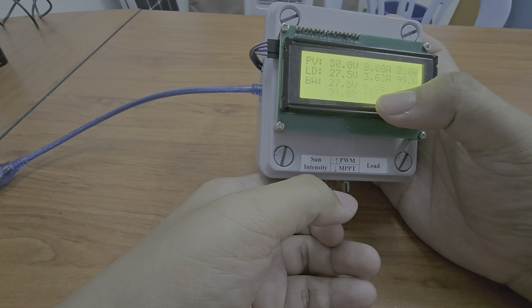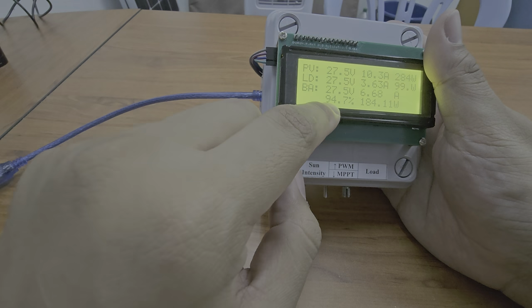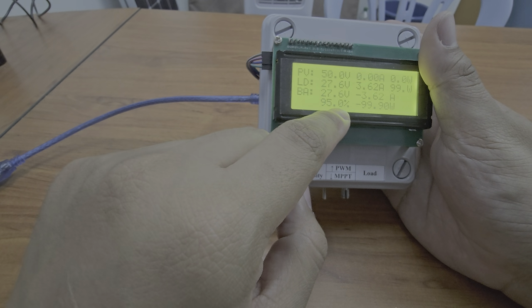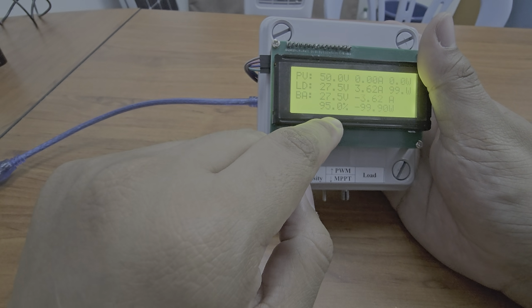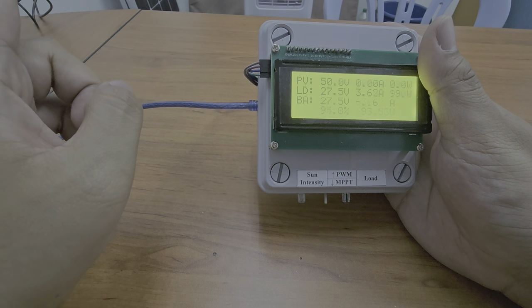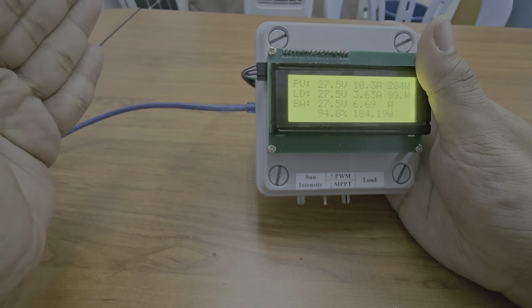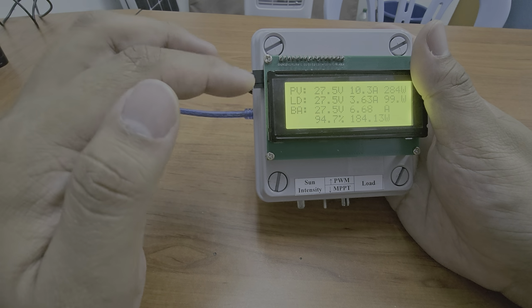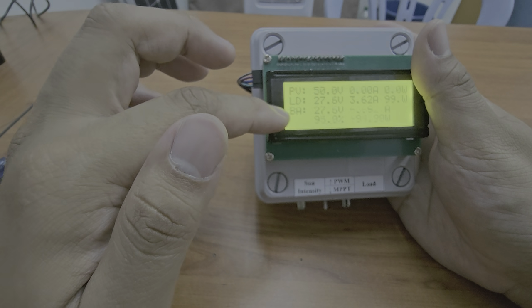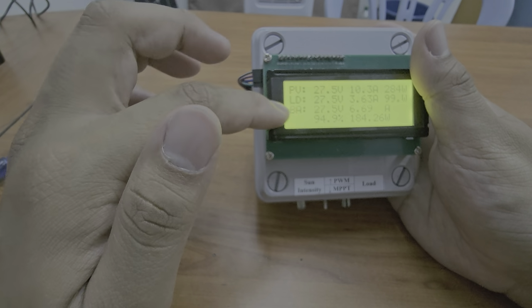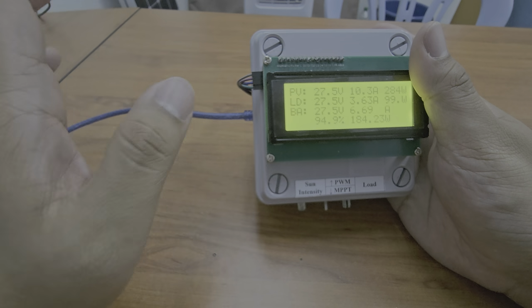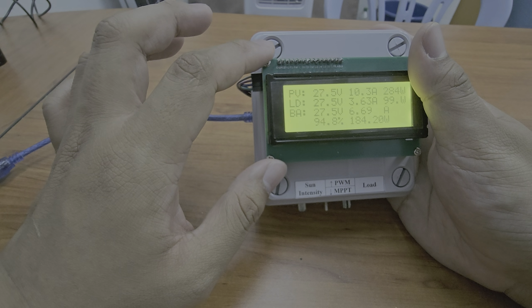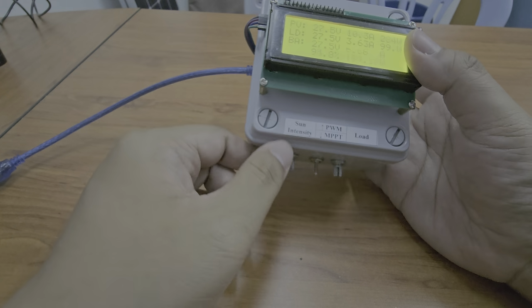It's at 95%, but after the load uses energy it drops, and then the PV will charge again. So it keeps charging and discharging, which maintains the voltage of the battery and prevents damage, but it will not deplete the battery. So the battery always keeps on charging. That is what happened.